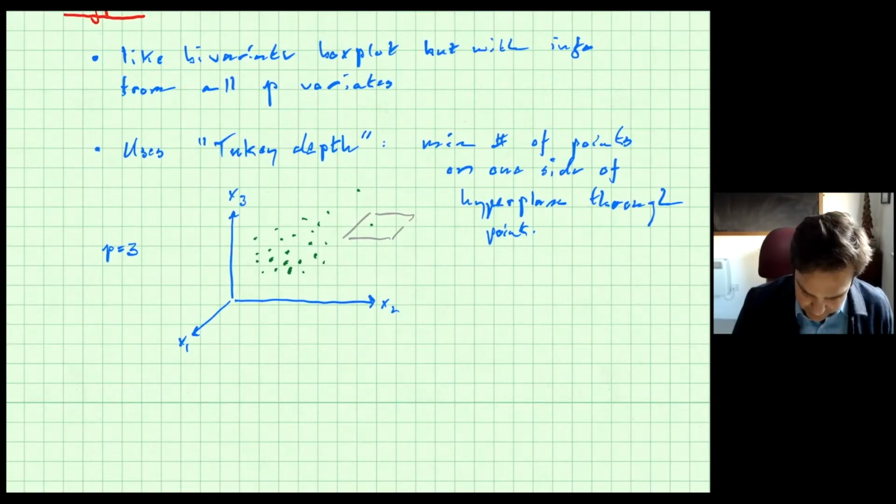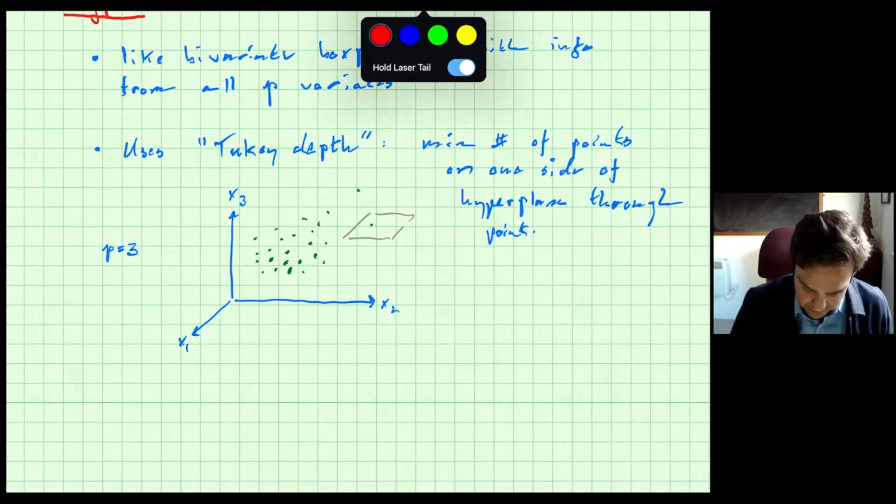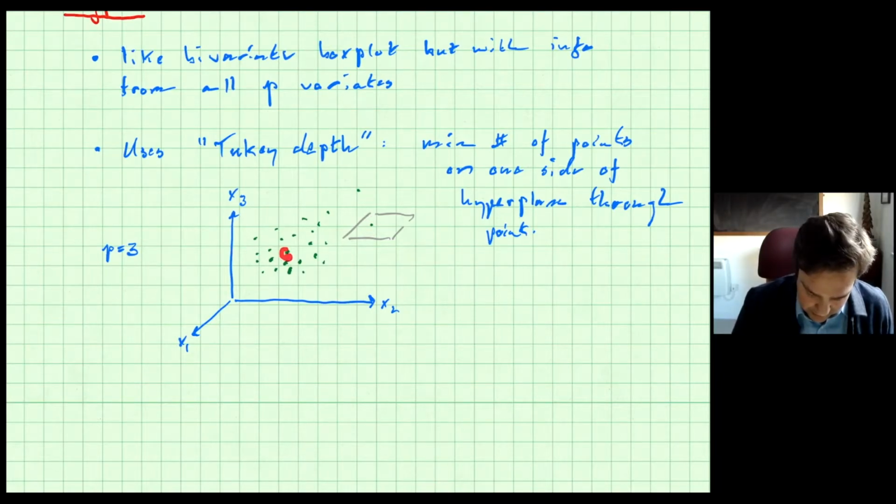Now you can see that for this green one over here, I can probably make a plane that has only one point in it, which is just that green point. But for other places in the data set, like maybe for this guy here, it might not be possible, right?